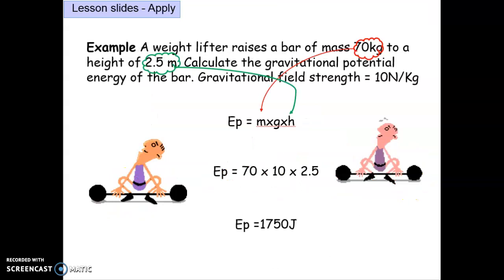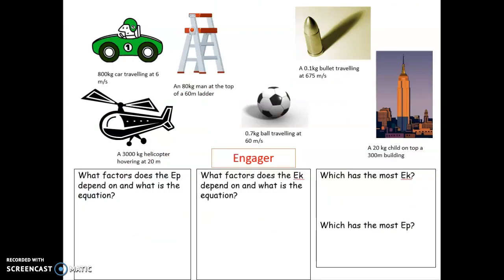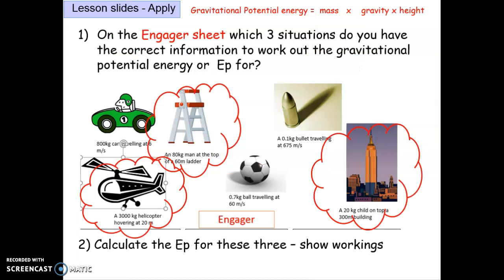Now with this lesson, if you're doing it at home and you've got it from class charts, you will find that there is an engager sheet with it. The whole thing looks like this, and you can calculate gravitational potential energy for 3 situations. They're in a squiggly cloud around them. For those 3, you have the right things to be able to work out gravitational potential energy.